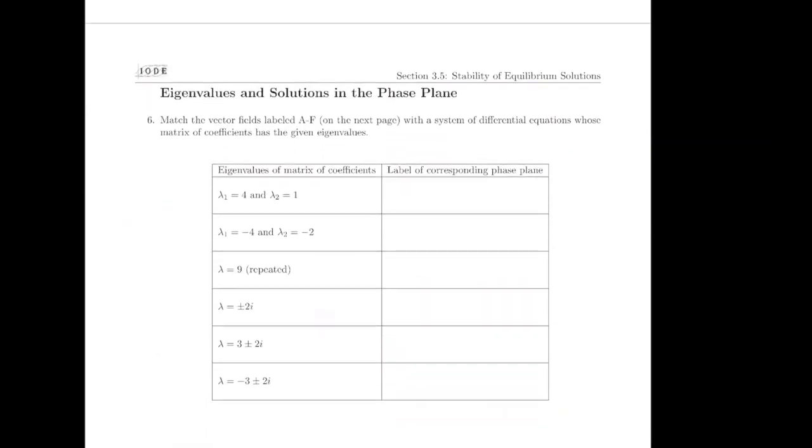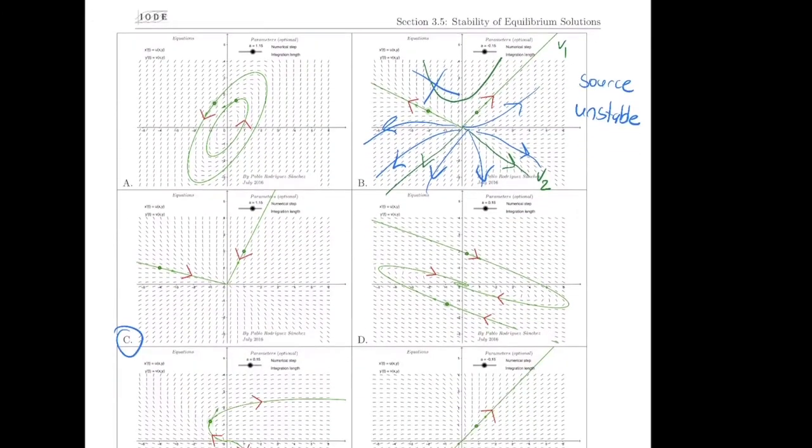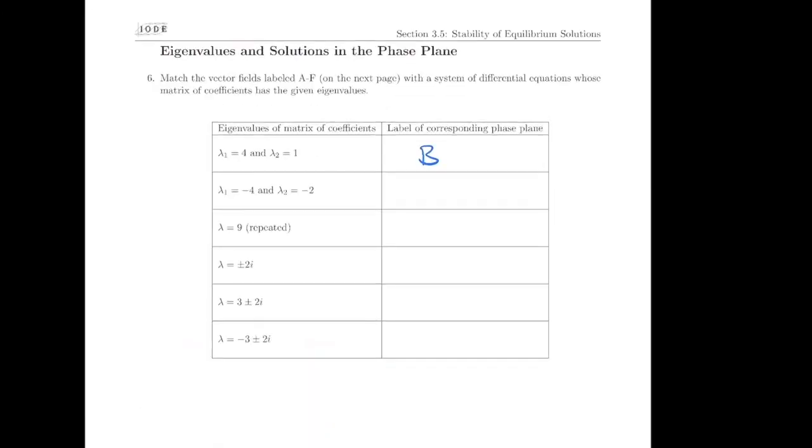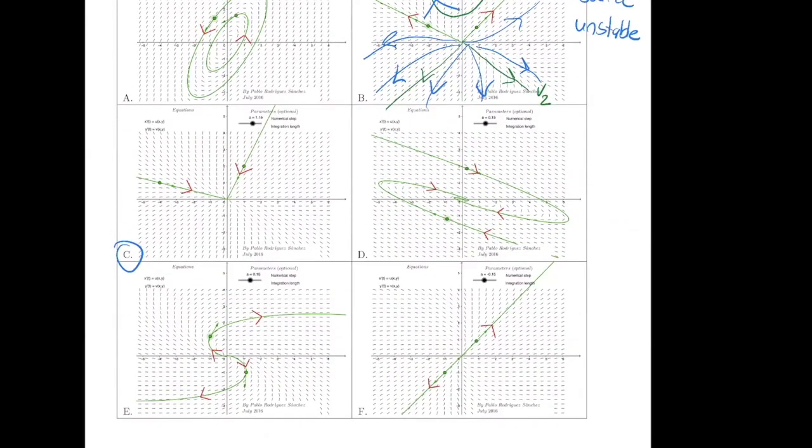So for example, we said this one matched B, and the 2 negative ones are going to match C. And the way that we can see this is because these are heading in towards the origin in both of those directions. So here, everything is going in, and in this case, we would call this a sink. And this is a very stable equilibrium.